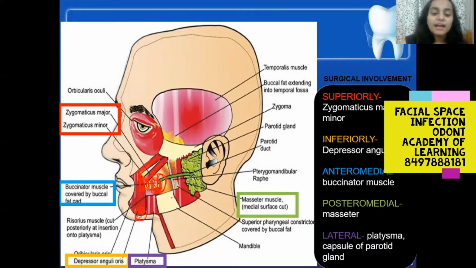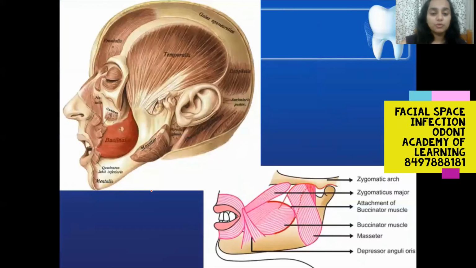Laterally, we have the platysma muscle. Medially, it is also slightly covered by the buccinator muscle. So these are the surgical boundaries. This is another picture to understand better the buccal space infection.